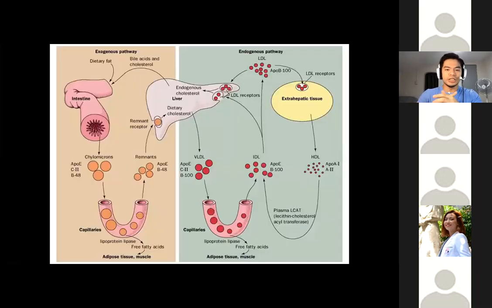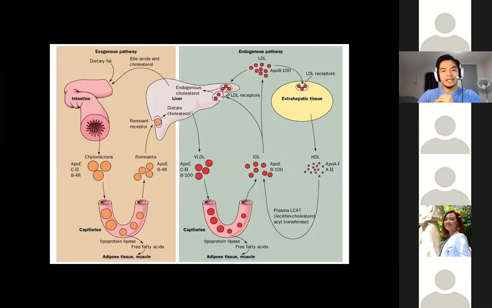Okay, good. So, number one, originates from the small intestine. Very good, chylomicron. Next, main content, triglyceride, comes from the liver. Yes, that's right.